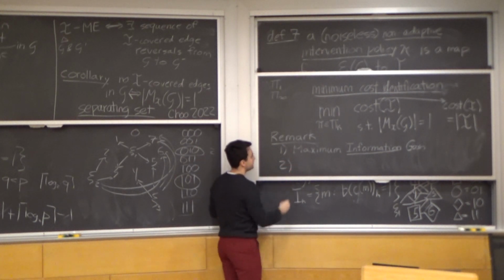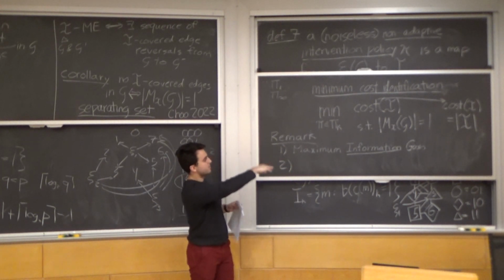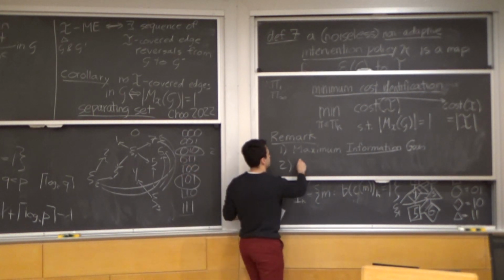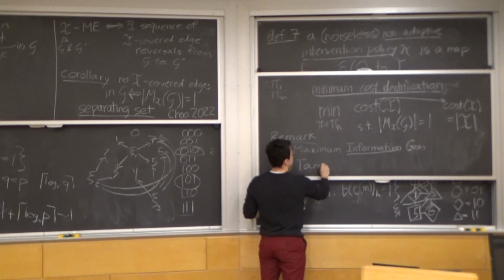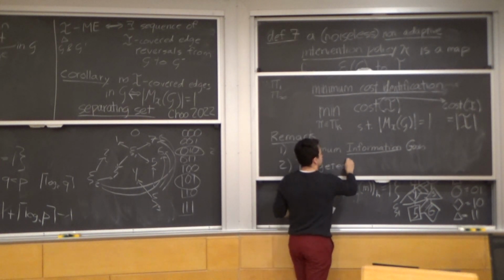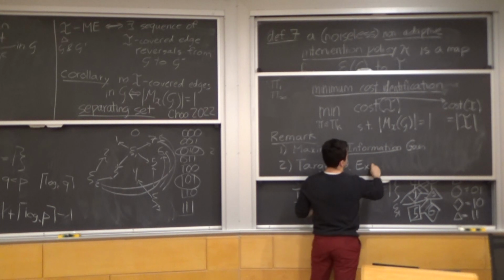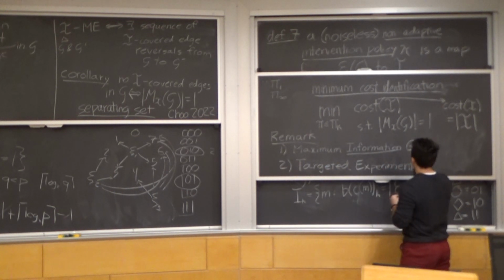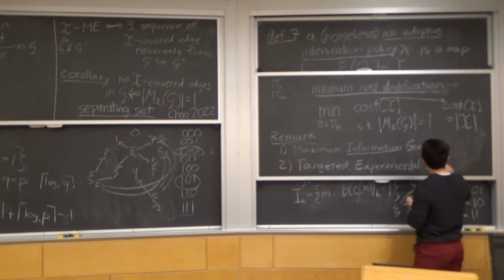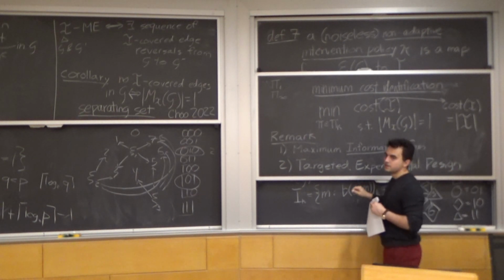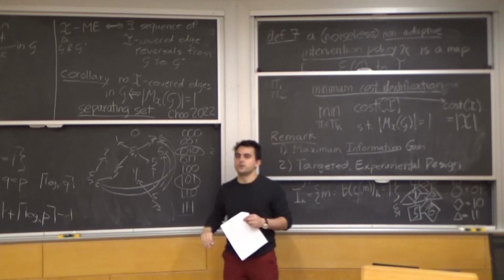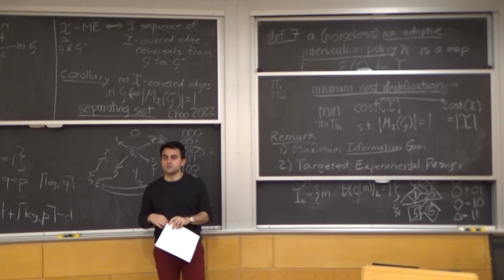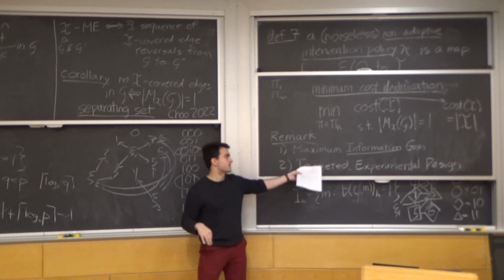And then the other thing, and this pertains to both the minimum cost identification and the maximum information gain, is that you could consider targeted experimental design, where essentially maybe the information that you are trying to maximize isn't some measure of information about the complete graph. It doesn't require you to completely learn the graph in order to get the maximum score.